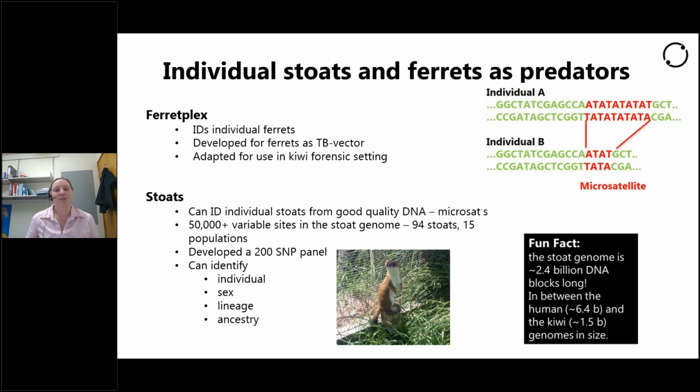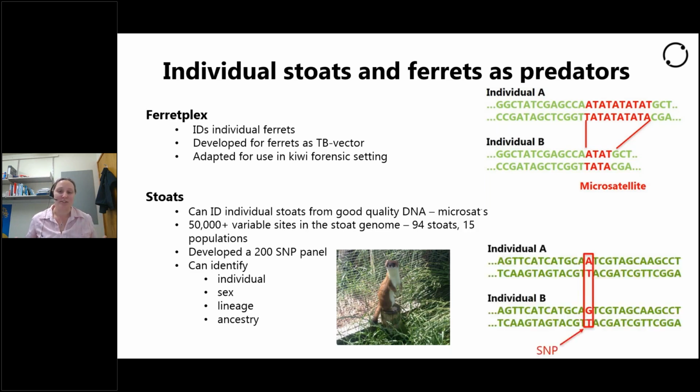So for stoats, we wanted to develop something that would be much more sensitive. And to do this, we looked at a tool known as single nucleotide polymorphisms, or SNPs. As the name suggests, this is a variation in a single nucleotide.